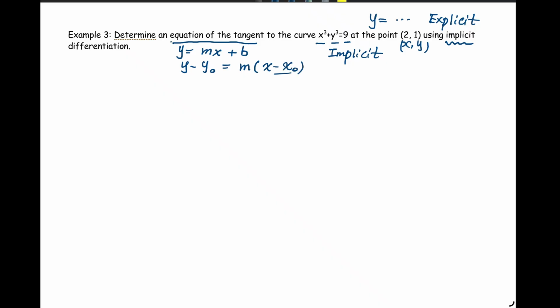So x0, y0 is a point on the graph. Either way, it's correct. No matter what, we need to find the slope, m, first. Slope is a derivative, dy by dx. So step 1, we want to do d by dx to both sides.